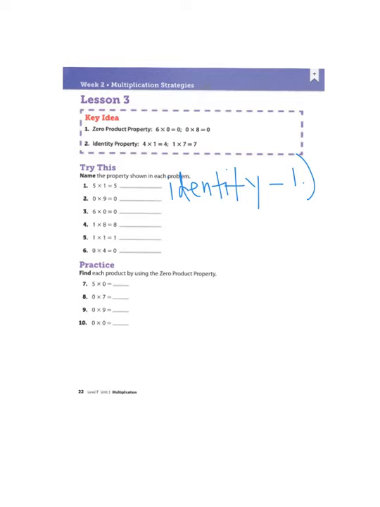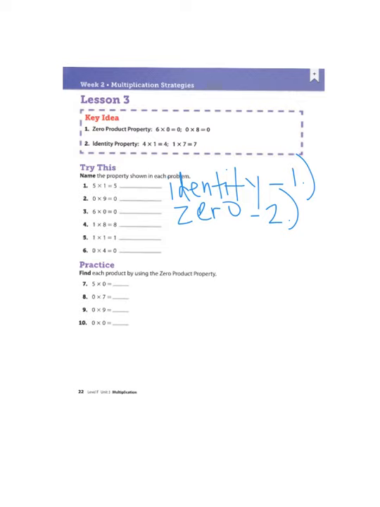It has a 0 in there, so that is simply going to be the zero property of multiplication, and that's number 2. So I think this is pretty self-explanatory. If it's multiplied times 1, it's going to be the identity property. If it's multiplied times 0, it's going to be the zero property.